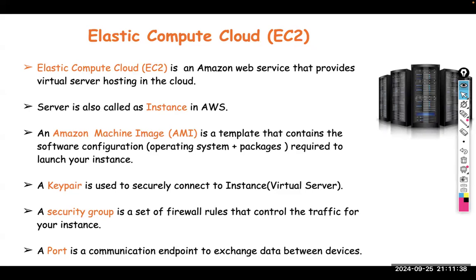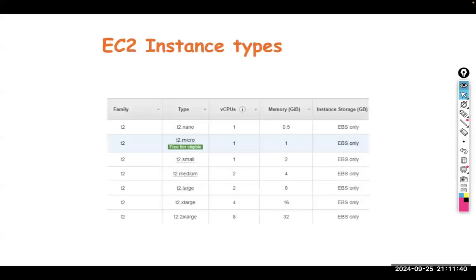Next, instance types. When you want to launch any server, you need to choose the configuration also. Like how much RAM you want for that server, how much memory, how much virtual CPU, processor you need. You need to check all these things. Based on the requirement, you have to select this.